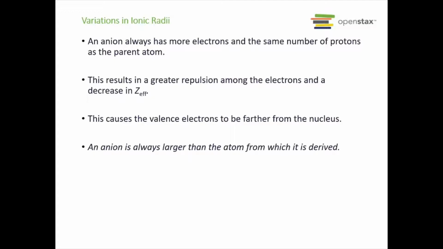Okay, so now I've got someone else there to compete for the same amount of food. So because of this now, I can't feel that food as much. I've got more room. So the valence electrons are further from the nucleus as we add electrons to make anions. So anions are always larger than the atom from which they are derived.